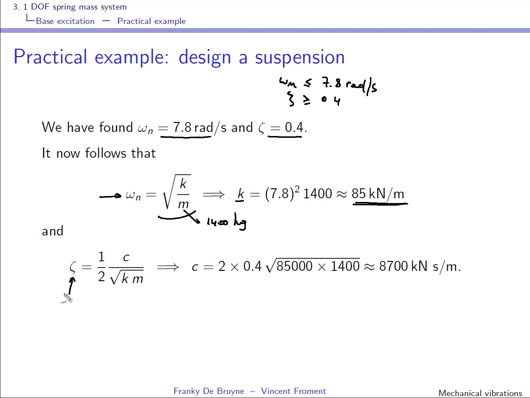Okay, you already know the zeta, but you can compute the damping coefficient, right? You know zeta, you know k, and you know m, and you can compute c, the damping coefficient, using this expression, and you obtain now also the expression of the damping coefficient.